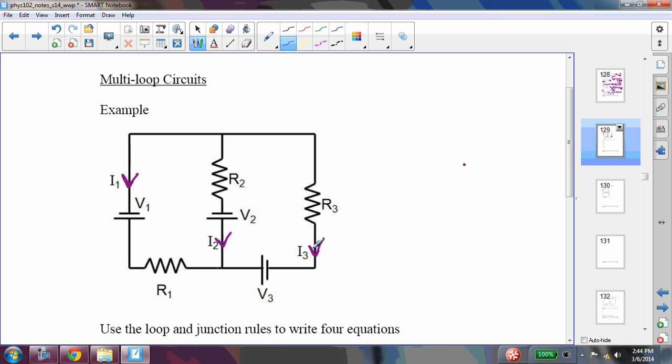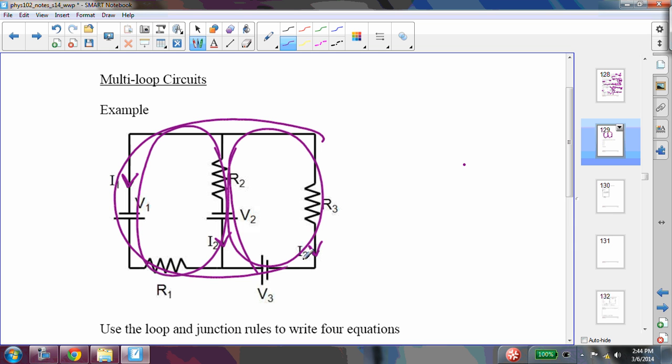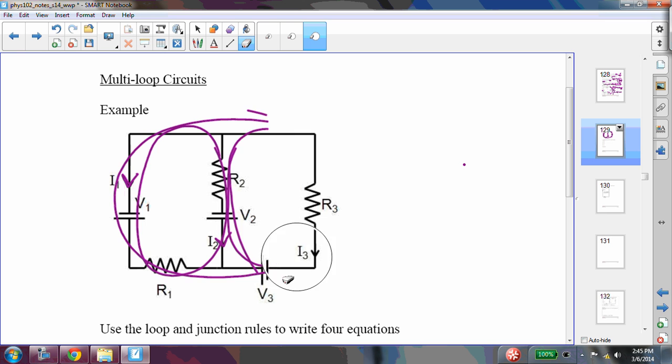I can actually write four equations because I can use the junction rule at one junction, and I can write the loop rule for three separate loops. You might say it looks like there are two loops, but there are actually three. There's a loop here, a loop here, and then a big loop here. So I have three separate loops that I can use.